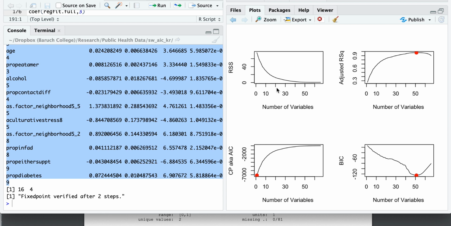So this is 10, this is 20, so it's around here as opposed to here. I think here we're taking too many variables because adding variables from 30 to 50 doesn't reduce the residual sum of squares significantly to justify their addition.